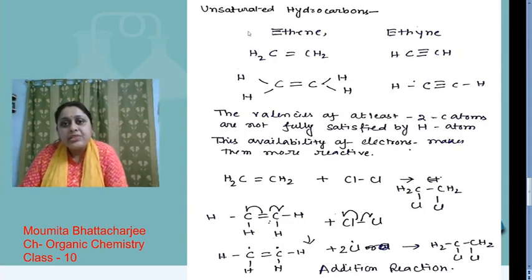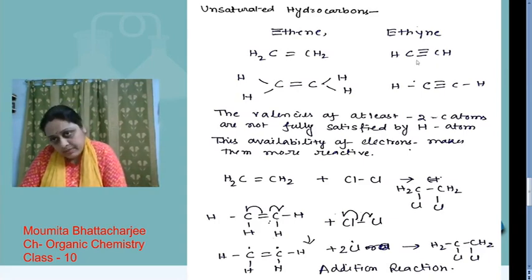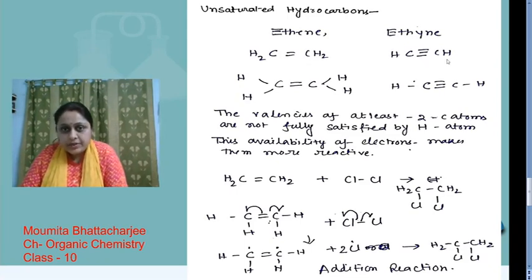Next is unsaturated hydrocarbons. I said the examples are ethene and ethyne. They have a double bond, and they can have a triple bond also. As a double bond example I have written ethene, CH2 double bond CH2, and as a triple bond example I have written ethyne, CH triple bond CH.